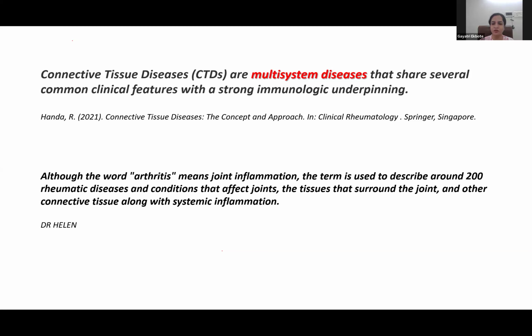Also, Dr. Helen has told us, as I just described, that arthritis does not just mean joint inflammation. We have more than 200 diseases which can have arthritis, but also other systemic complaints. It's not just affection of joints, but there is an affection of tissues that surround joints and other connective tissue disease. So basically, arthritis is a super inflammatory condition, and you can have a variety of systemic involvement.